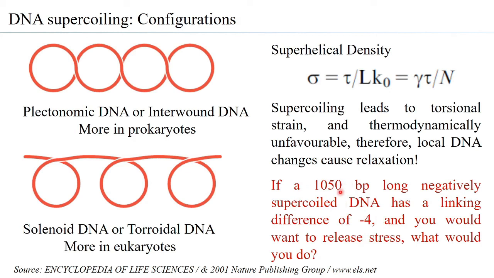So in a 1050 base pair long DNA, you are only unwinding 42 base pairs. Therefore, a change in a local region can cause relaxation. Unwinding of 4 helical turns is enough to relax the DNA.